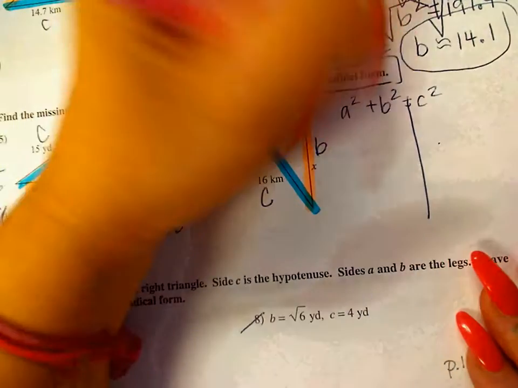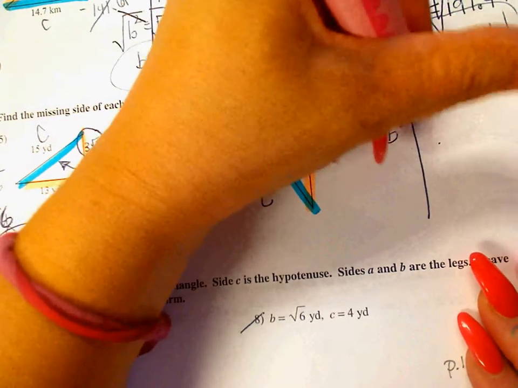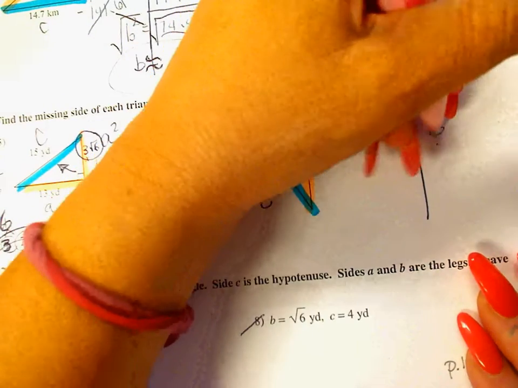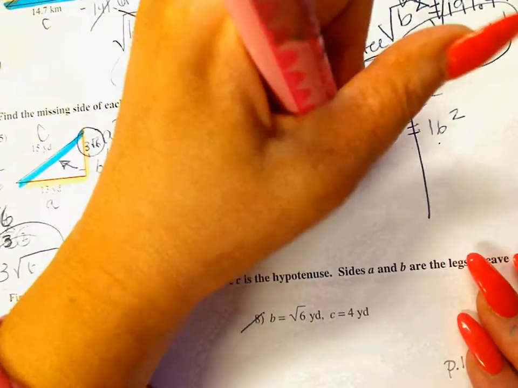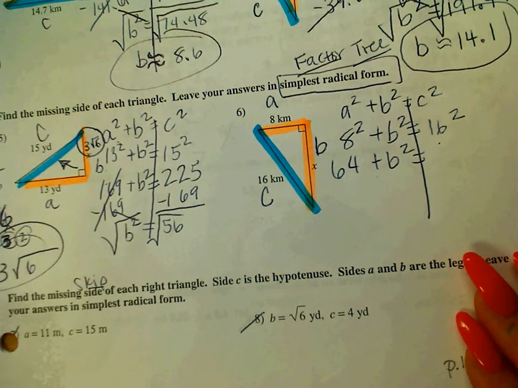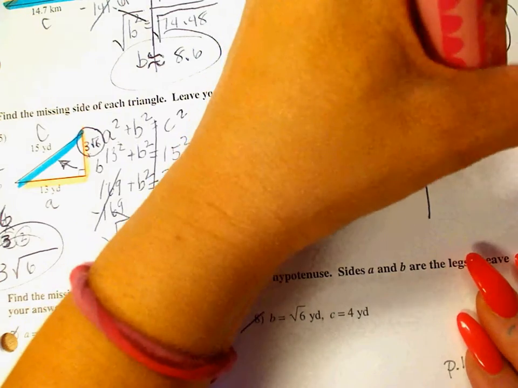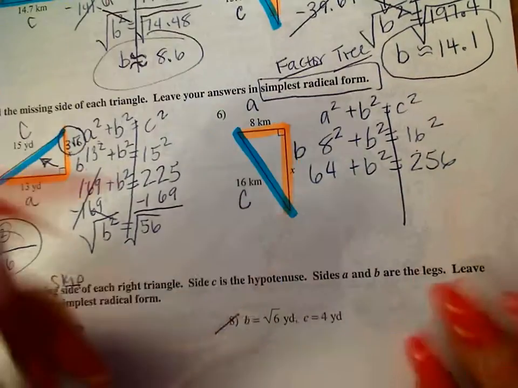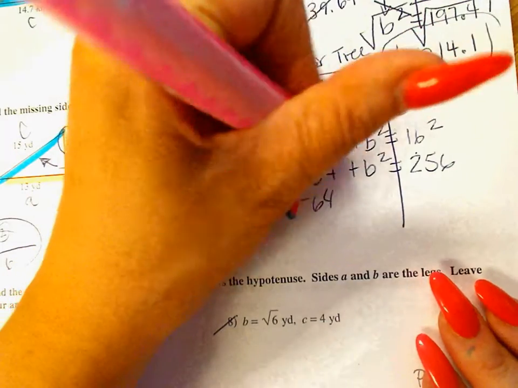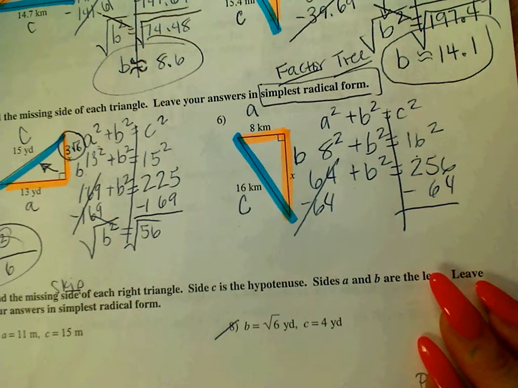So 8 squared plus B squared equals 16 squared. So 64 plus B squared equals 256. That's 16 squared. Again, they're on different sides, so subtract 64. That's 192.